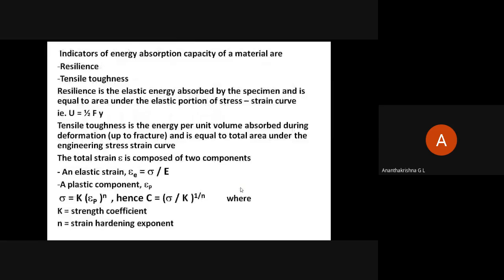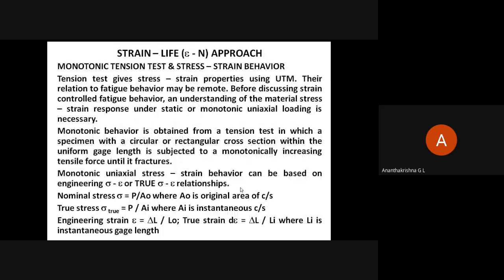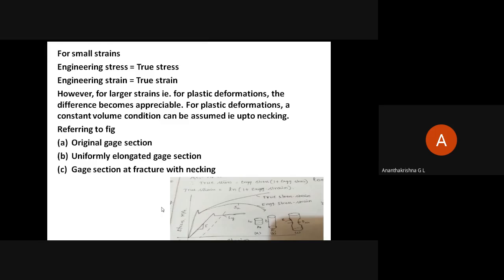Basically, we started with the monotonic tension test. We learned about engineering stress and strain and true stress and true strain. For small strains, engineering stress is equal to true stress and engineering strain is equal to true strain. Then we learnt what an engineering stress-strain curve is, how a true stress-strain curve looks, and what necking is.